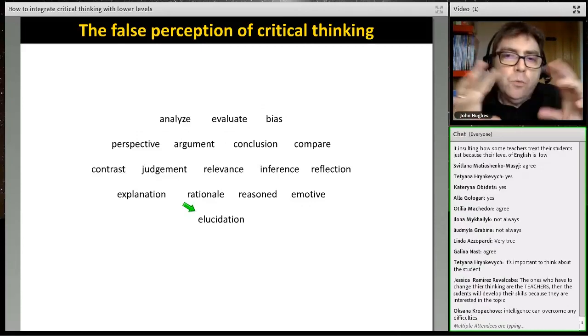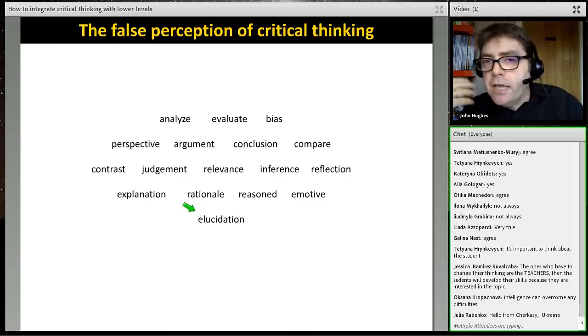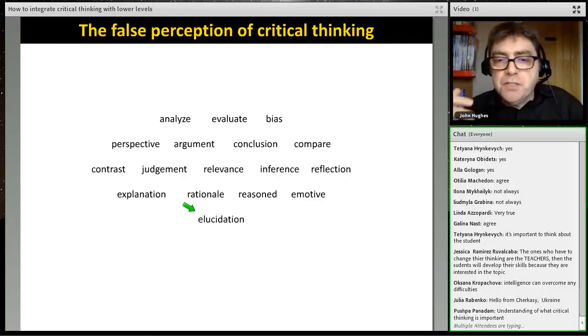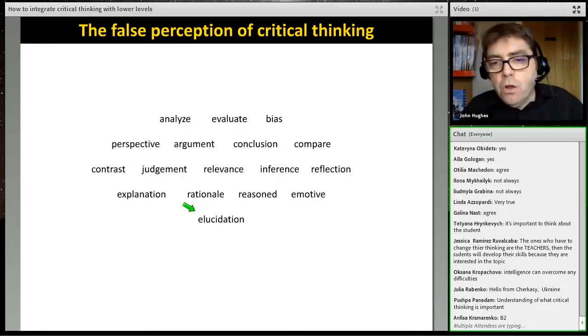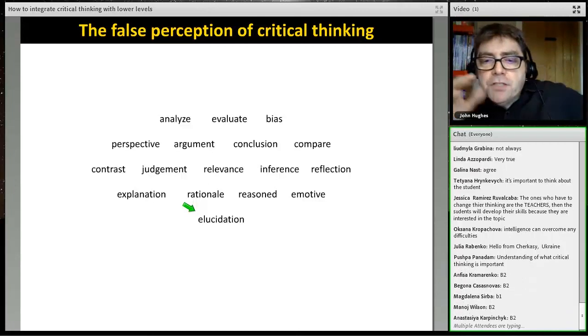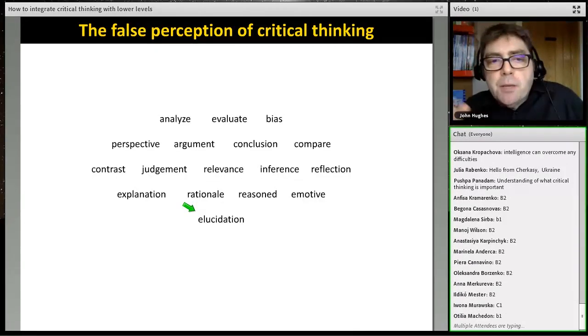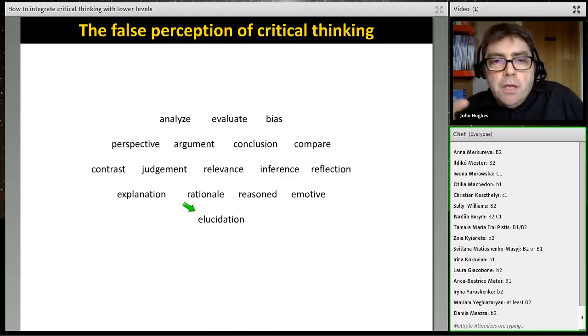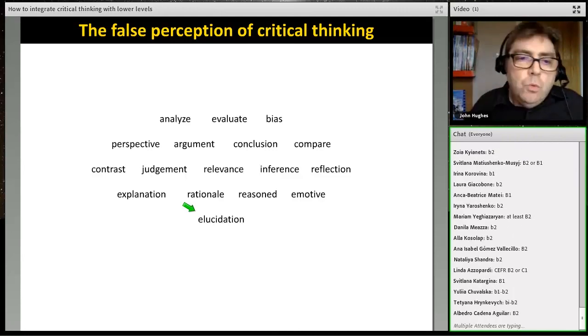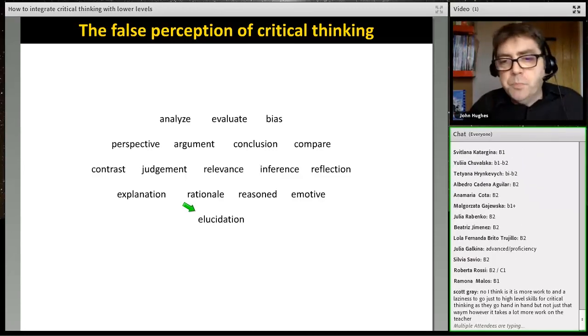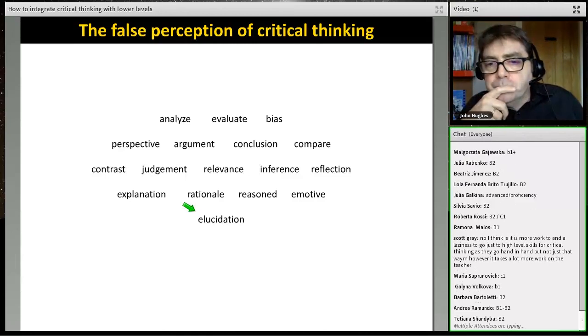If you're familiar with CEFR levels, do they have to be B1, B2, C1? What level do you think? Yeah, and Feast is saying B2. Some of the words could be B1, like compare, but for example, a word like elucidation would be C1.